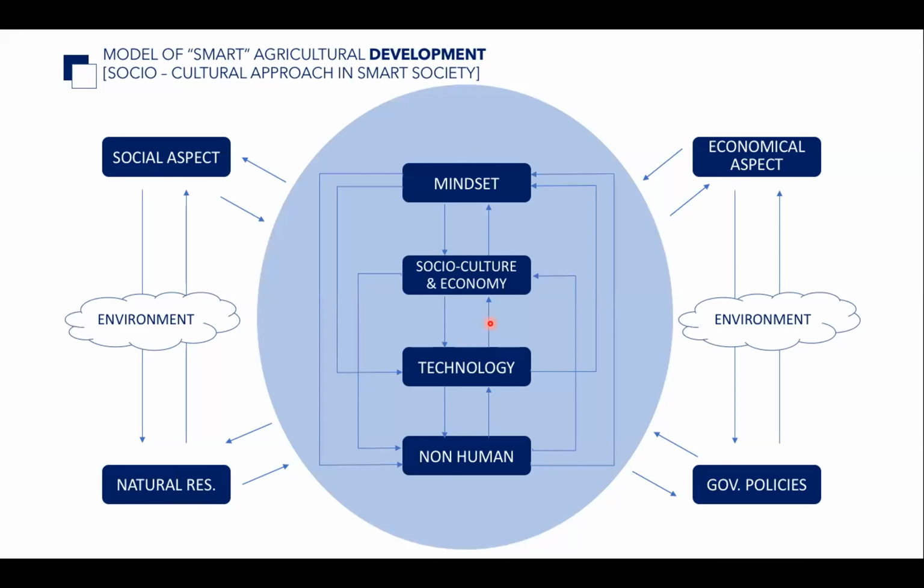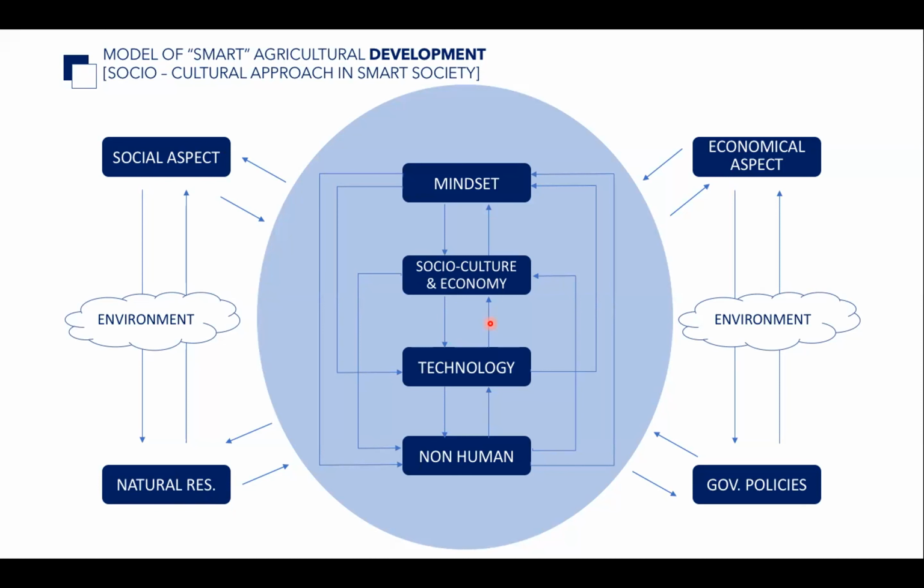The first thing is mindset: the farmer mindset, our regulator, industry, etc. We have to shift our paradigm from conventional to modern agriculture.